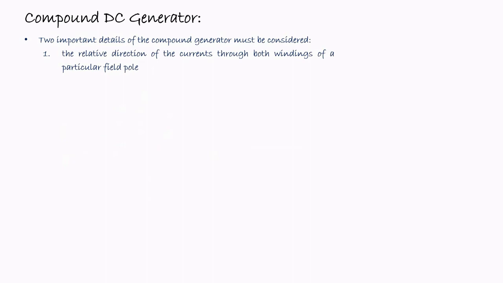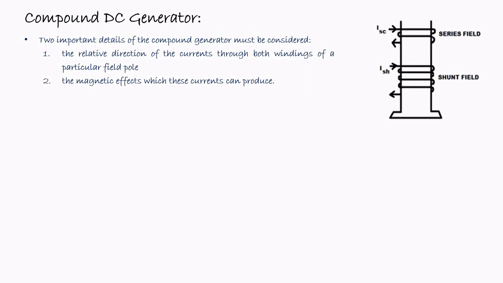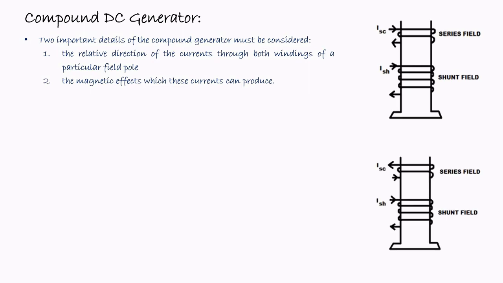As we have seen, there are two field windings: one is the series field winding and another is the shunt field winding. So the operation of the compound generator basically depends upon two factors. The first one is the relative direction of the current through both the windings of a particular field pole, and the second one is the magnetic effect which this current can produce.